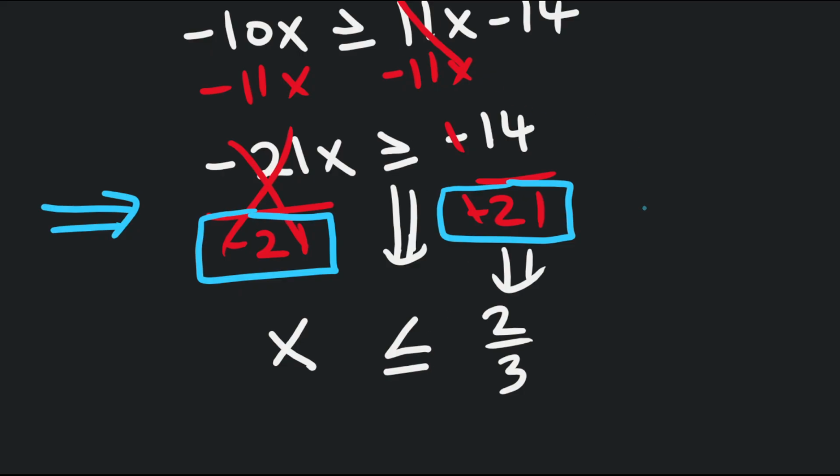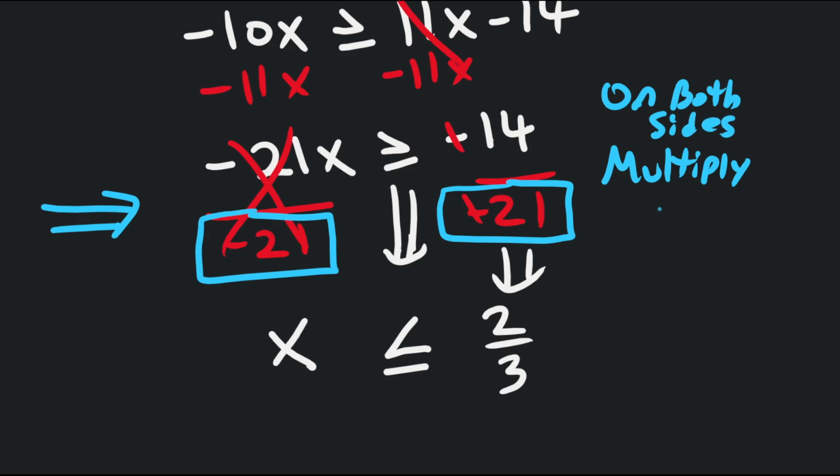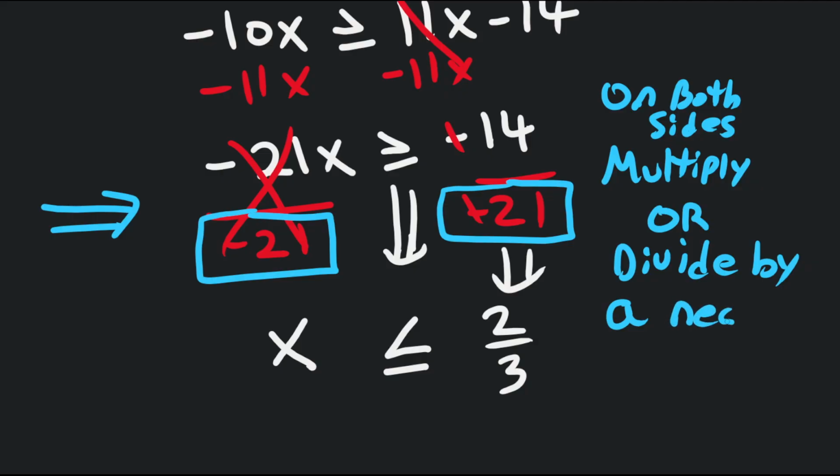And the rule is that on both sides of the inequality, if you multiply or divide by a negative number, then you have to flip the inequality sign.